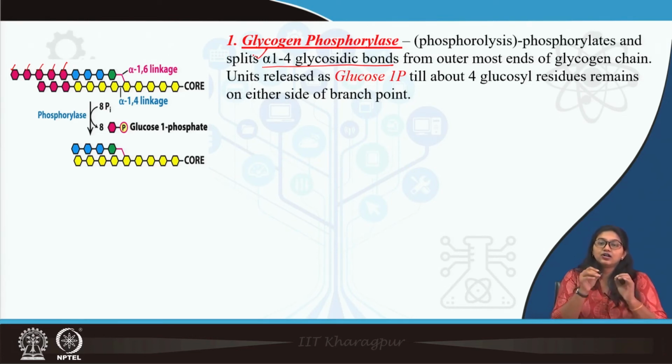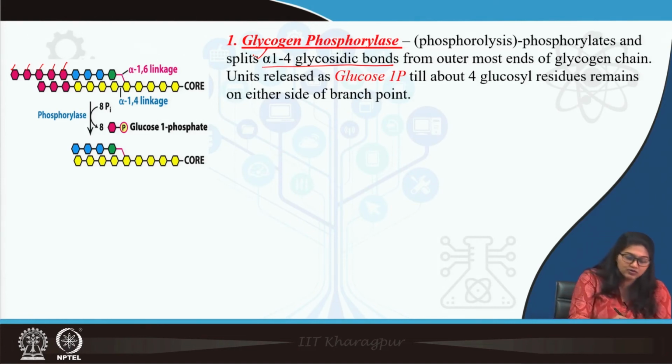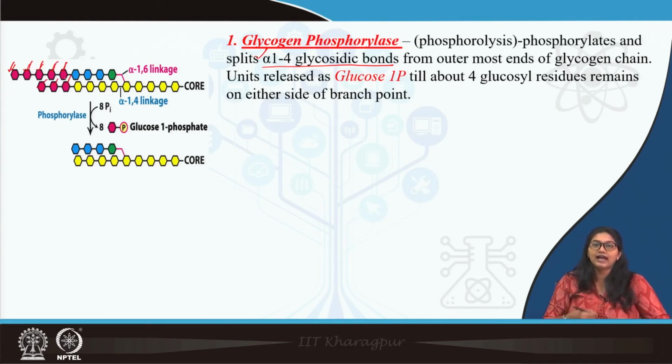So, there is phosphorylation of glucose. So, the glucose is released as glucose 1 phosphate and lysis of alpha 1,4 glycosidic bond. So, these glucose molecules are released one by one from this glycogen chain with the help of glycogen phosphorylase enzyme.